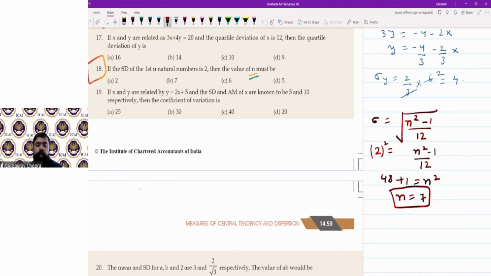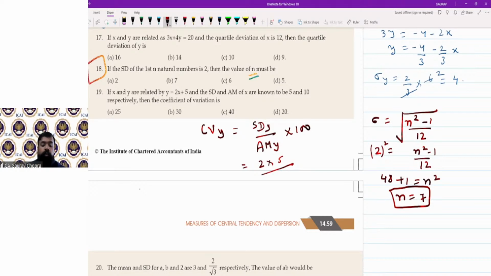In this case, we have to find out the coefficient of variation of series Y. So for Y, we require the standard deviation of Y upon the arithmetic mean of Y multiplied by 100. For the standard deviation of Y, it will be mod B into sigma X. Mod B is 2 and sigma X is 5, so it becomes 10. For the arithmetic mean, you have to simply substitute the value in the given equation.